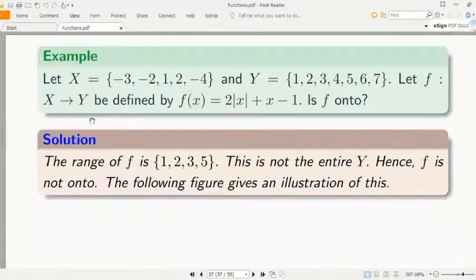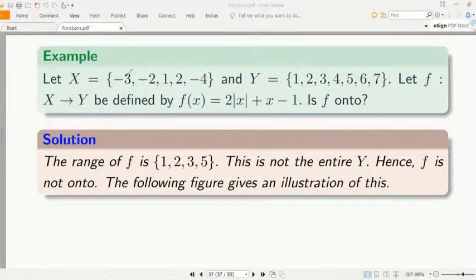Now, let's look at whether it's onto. This is X, and this is Y, and f is defined by this modulus expression.